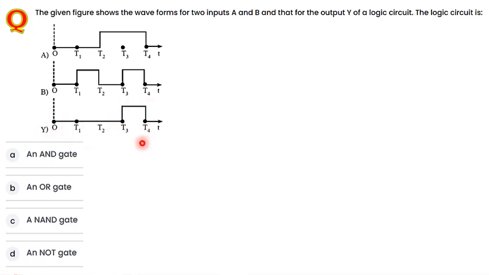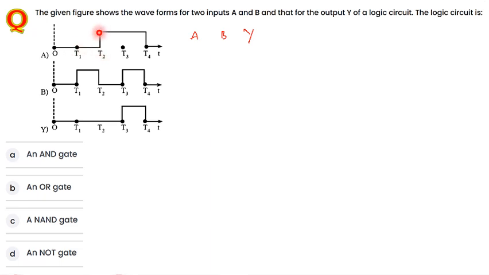So according to this we have to follow. To understand this, I make a truth table for each waveform. For the first waveform, this is A. What are the inputs of A? What are the inputs of B? And what are the outputs Y? For T1, the input is 0.